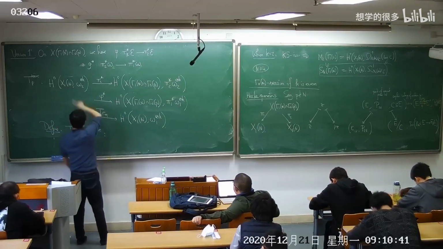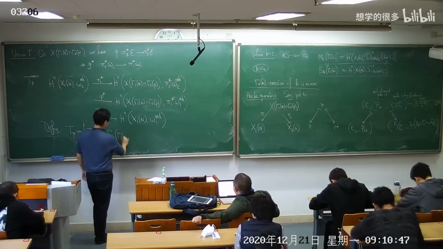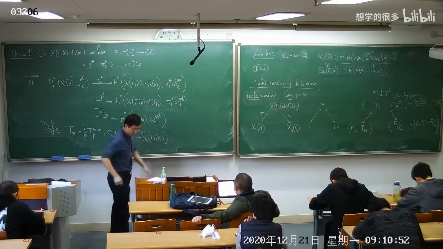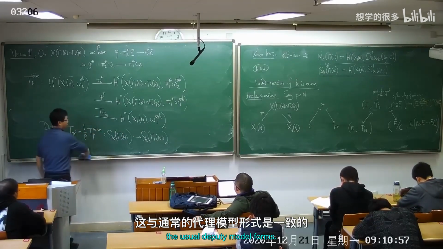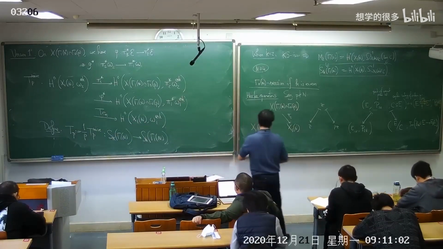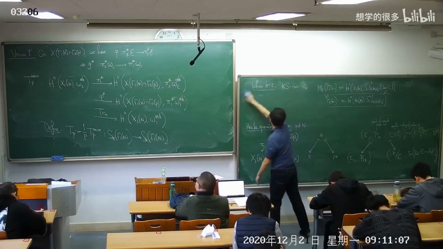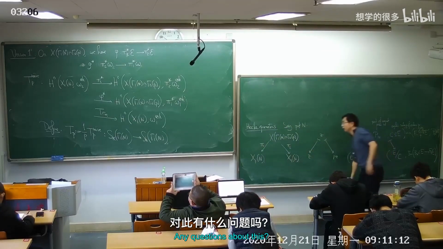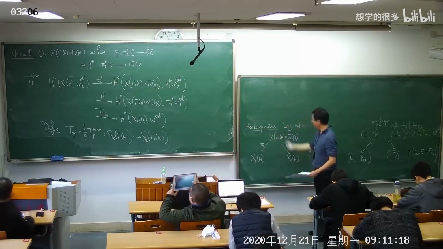So then you can think of this as S_k of gamma 1. So it's an exercise to verify this agrees with the usual definition of modular forms. Okay. Any questions about this? So it's like you have this picture here. You just pull back and then push down.